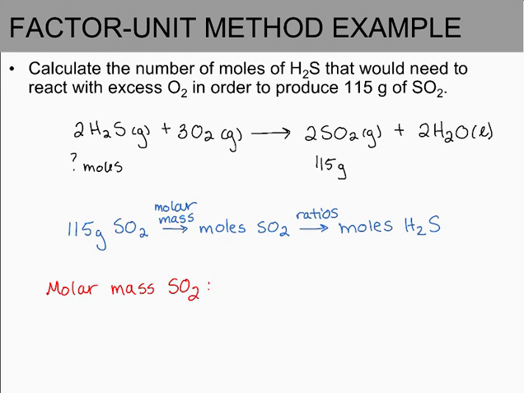Okay, so if we pull out our periodic tables, sulfur has a mass of 32.06 grams per mole. And then we're going to add 2 times the mass of oxygen because we have 2 oxygens. So that's 16, or 15.999 grams per mole.